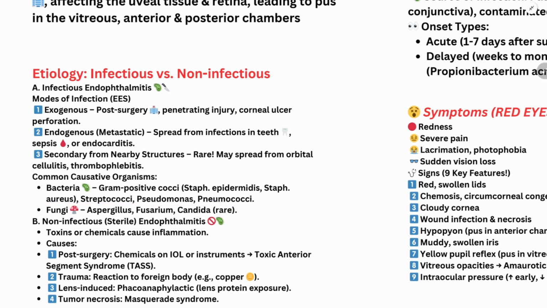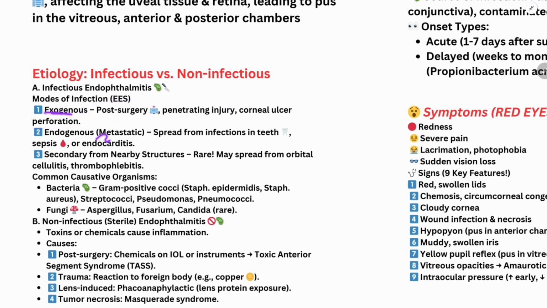Okay, so what is the mode of infection here? Here the mode of infection is divided into three types. First one is exogenous, endogenous, and secondary infections from nearby structures. Exogenous means outside the eye, like post-surgery, penetrating injury like trauma, or corneal ulcer perforation.